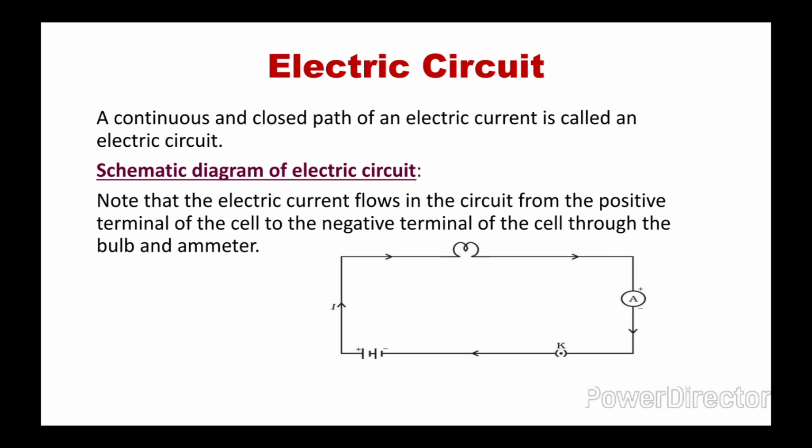When there is flow of electric current, there is flow of electric charge in the circuit, which makes the bulb glow. If there is no flow of electric current, then the bulb will not glow. This question may be asked for 2 marks. They may ask you to write the schematic diagram of an electric circuit, then you have to draw this diagram.